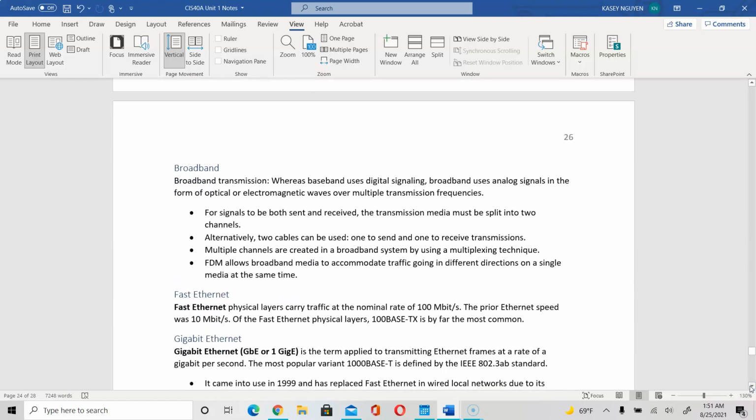We would have broadband, and broadband transmission would use digital signal, or it uses analog signal in the form of optical or electromagnetic wave over the transmission frequency.